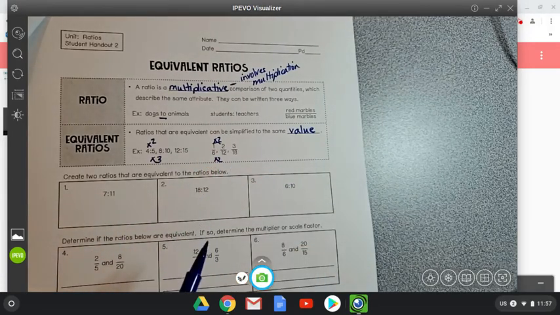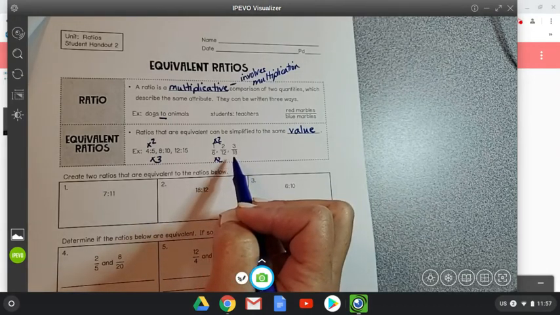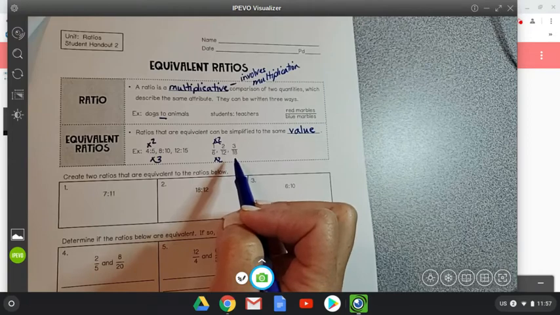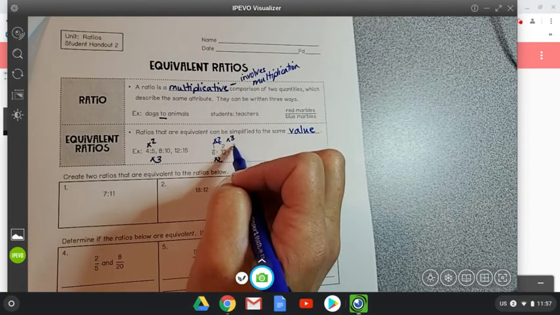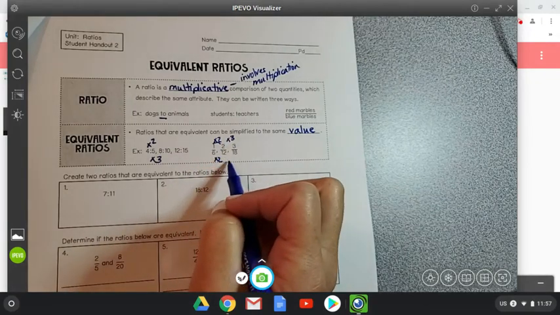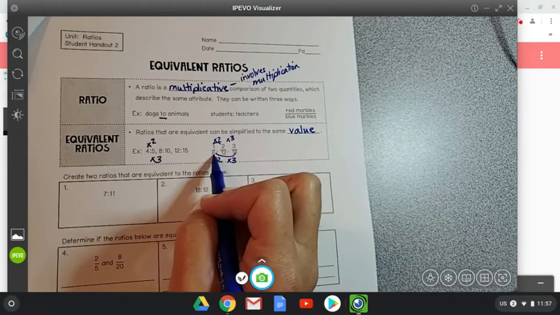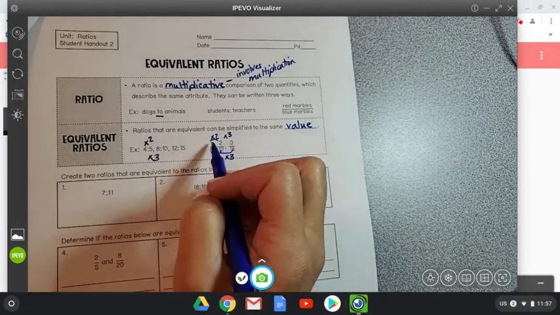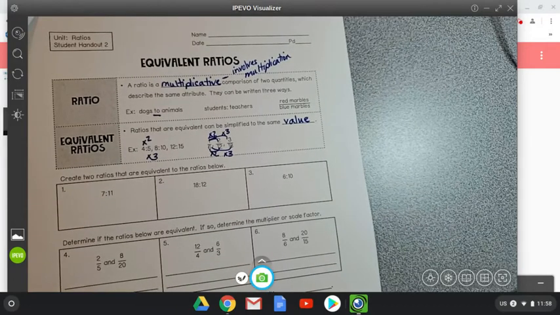So again, as long as I can multiply by the same number, it's going to give me an equivalent fraction. To get 3 over 18, I just have to take the top times 3 and the bottom times 3. So 1 times 3 is going to give me 3, and 6 times 3 gives me 18. Okay? That looks a little bit messy, but those are all equivalent values, equivalent ratios.